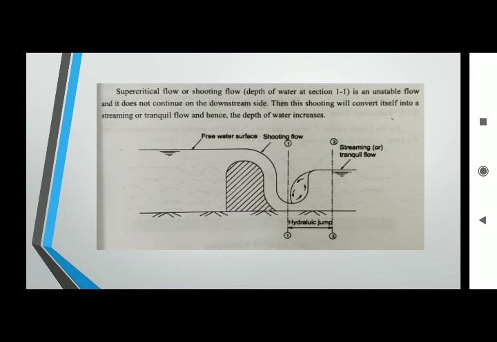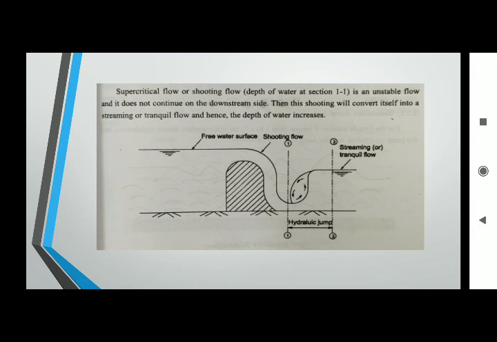First, in section 1 the flow will be in a supercritical condition, which means the Froude number will be greater than 1. Velocity will be more but depth will be very small at section 1. The depth there is denoted as small d1, which is the depth before the jump.